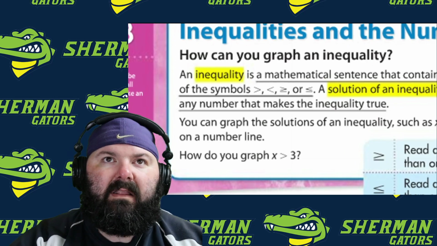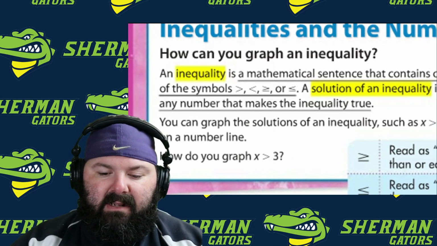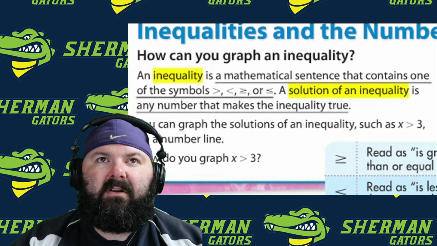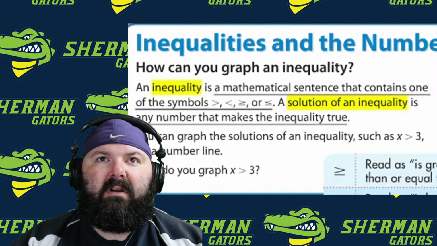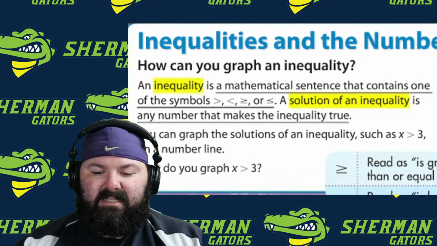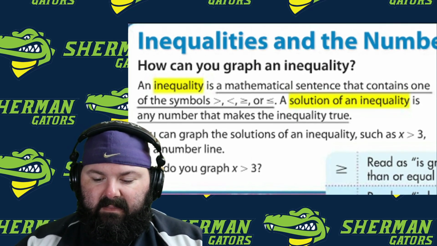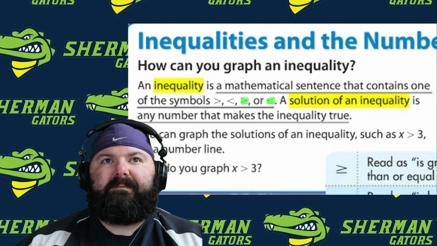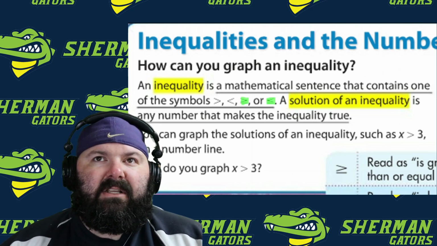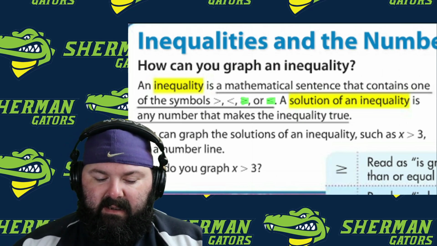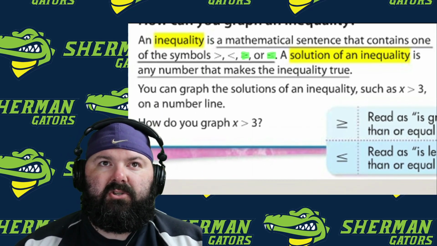An inequality is a mathematical sentence that contains one of the symbols greater than, less than, greater than or equal to, or less than or equal to. So those are two symbols that you probably have not seen before. This one right here and this one, which we're going to go over in a minute. A solution of an inequality is any number that makes the inequality true.